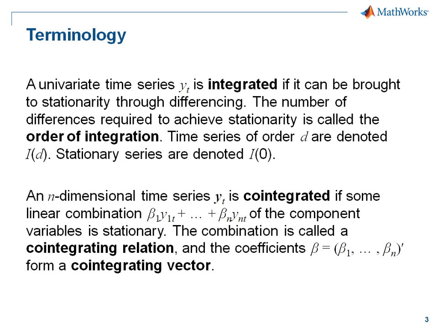In the second paragraph here, if we have a vector time series, y sub t boldface there, with n different components, we say that the time series in this vector process are co-integrated if there's some linear combination of the individual processes that's stationary.